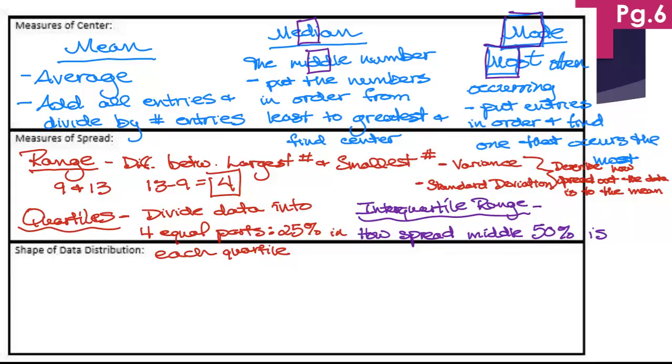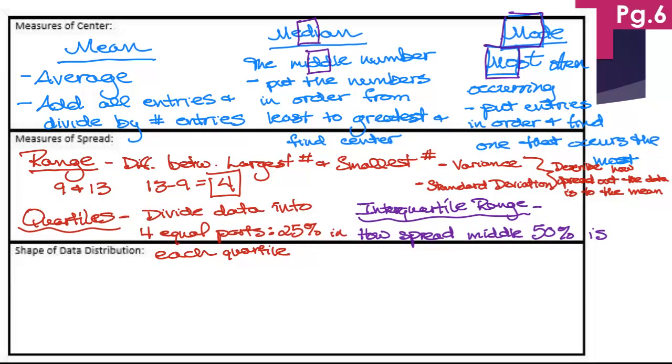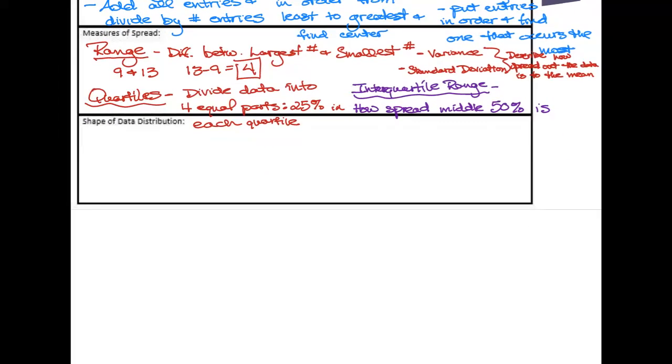If there was 16 of us, we would have 4 in the bottom 25%, 4 in the next 25%, 4 and 4. Same number of people. Doesn't matter that Fat Albert's 5 times bigger than everybody else. Variance and standard deviation, how spread the data is from the mean, and interquartile range, how spread the middle 50% is.